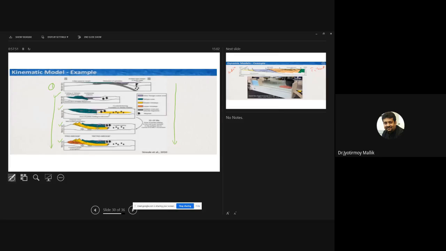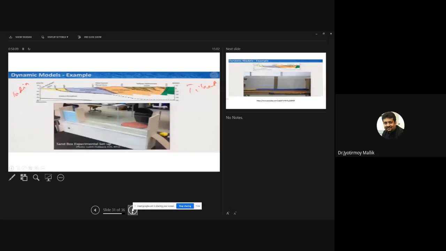So this is the present structure. If I just draw this picture, this is geometrical modeling. But going from something completely undeformed to something deformed is called kinematic modeling.